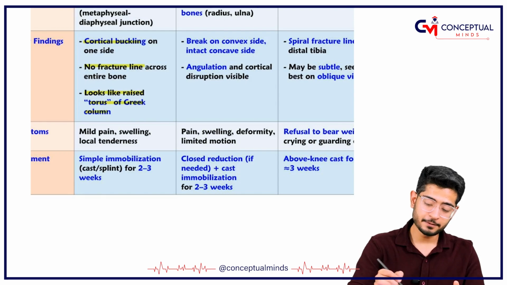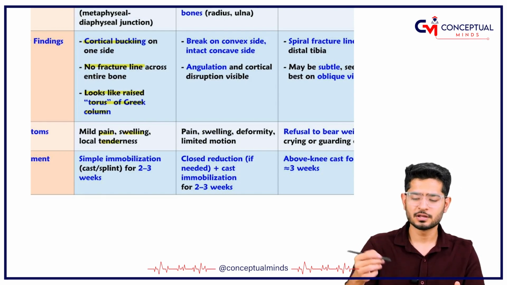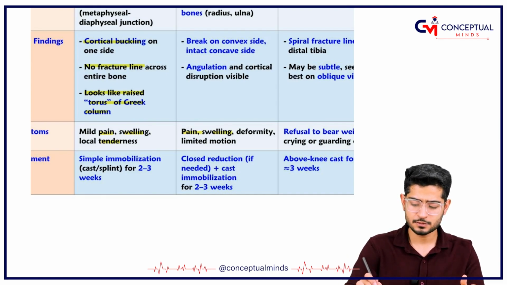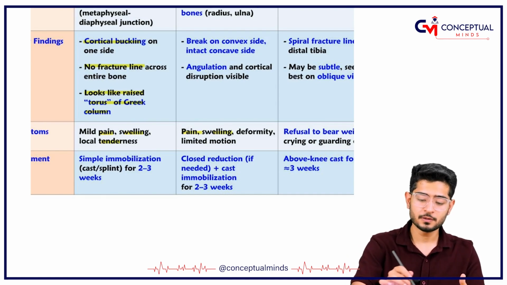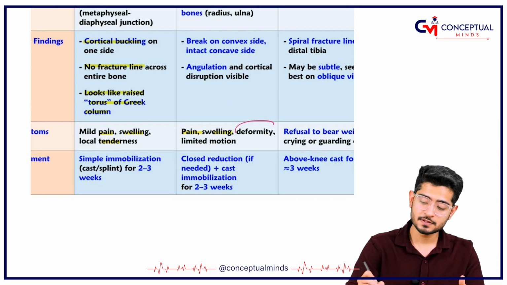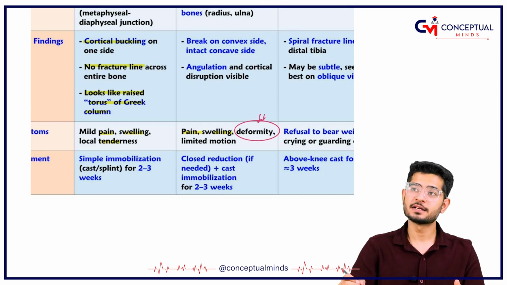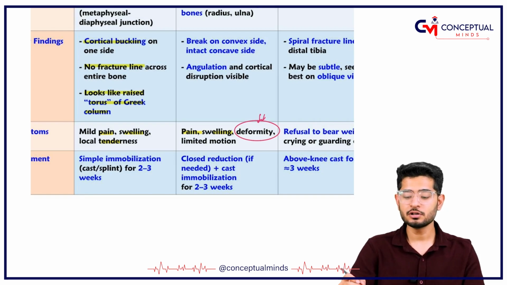Of course there will be mild pain, swelling, tenderness. In Greenstick also there is pain and swelling. But there is a deformity in the Greenstick fracture, whereas there is no deformity in the buckle or Torus fracture.